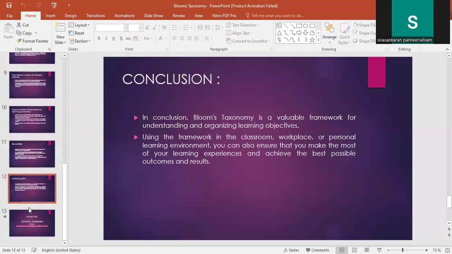So with this, I conclude that based on the past information, the different levels of learning outcomes used in Bloom's taxonomy and simple example illustrations based on that, Bloom's taxonomy is one of the most valuable tools for education industries nowadays, both in schools and professional colleges, especially engineering, even medical colleges.